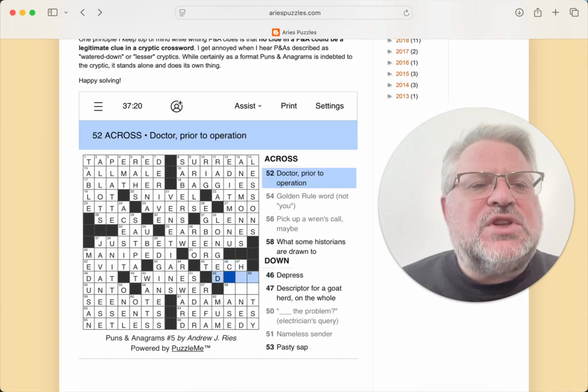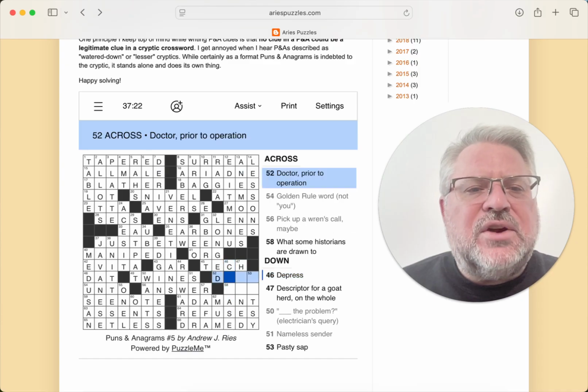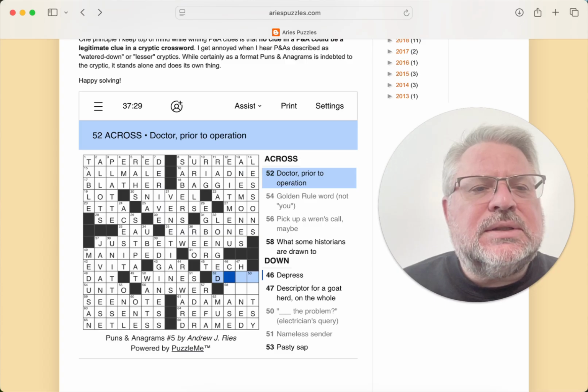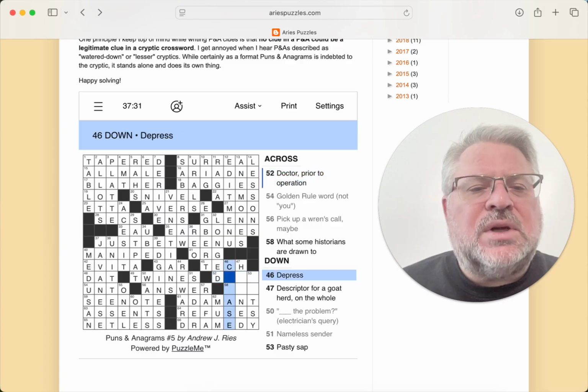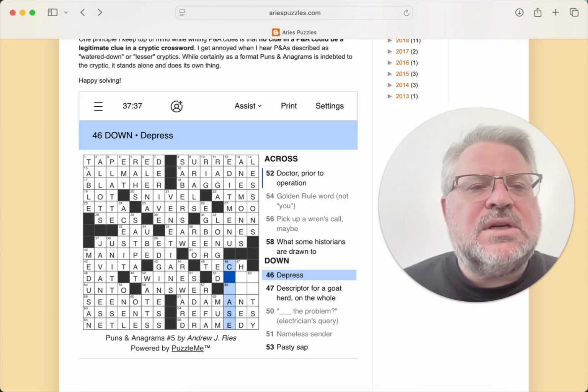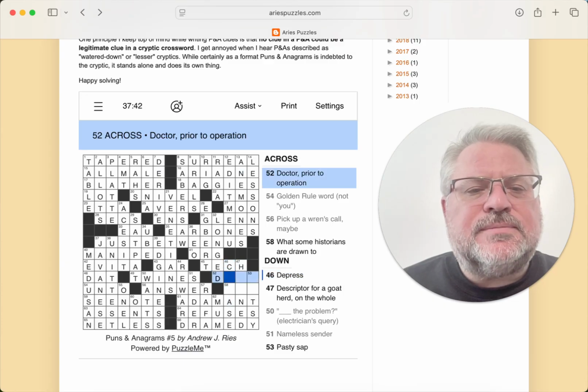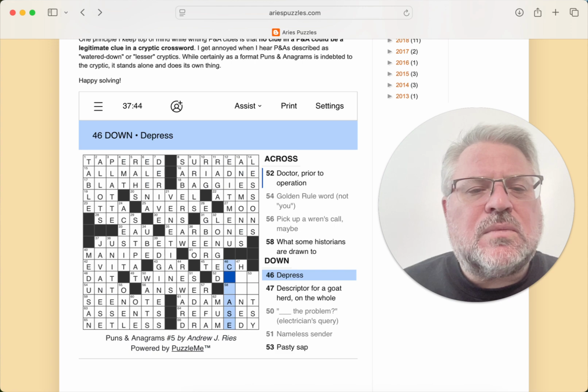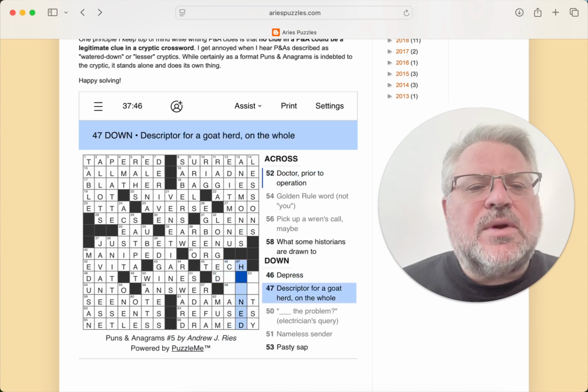Okay, 52 across, doctor, prior to operation. I want it to be door, but I don't understand how I'm getting there. Depress, is that cease? No, it would be chase. Descriptor for a goat herd on the whole.